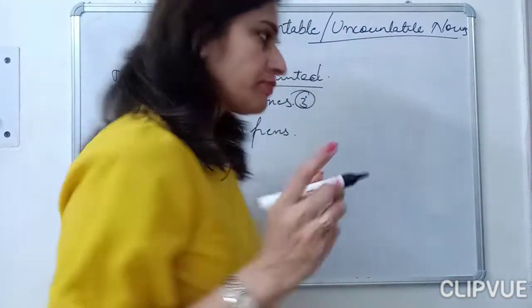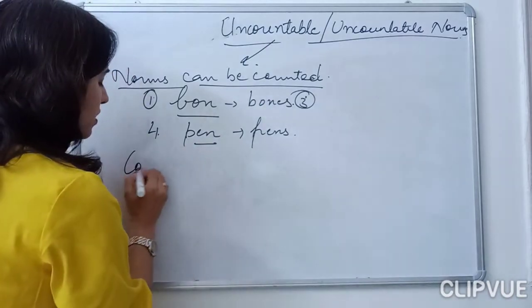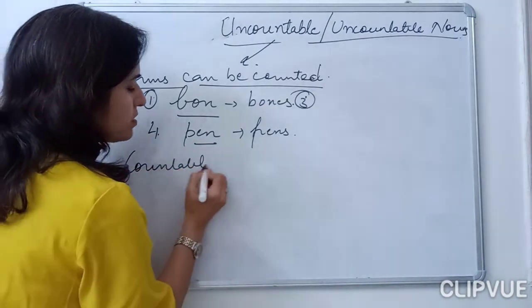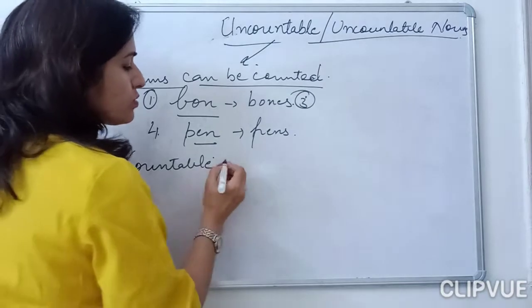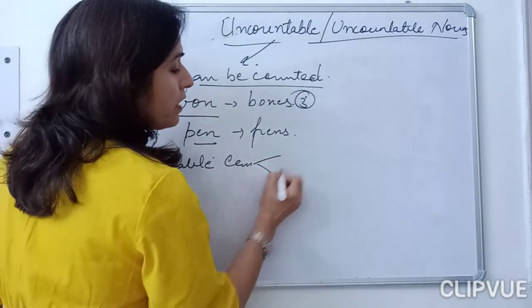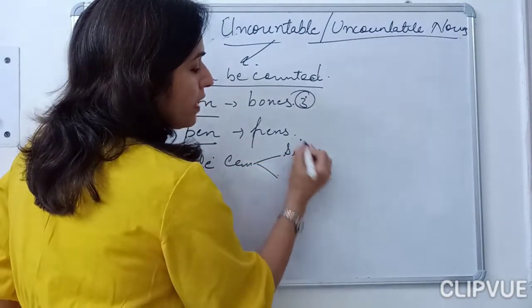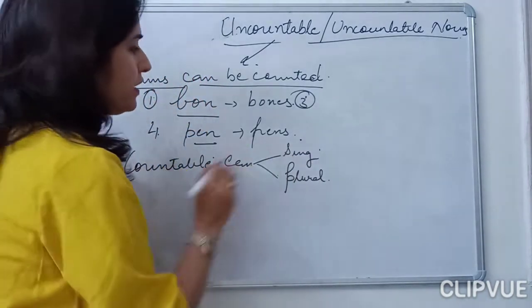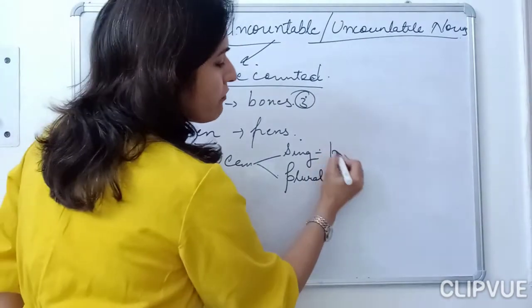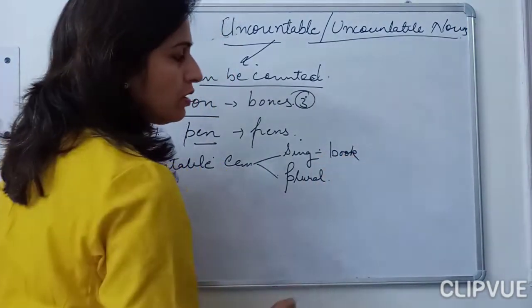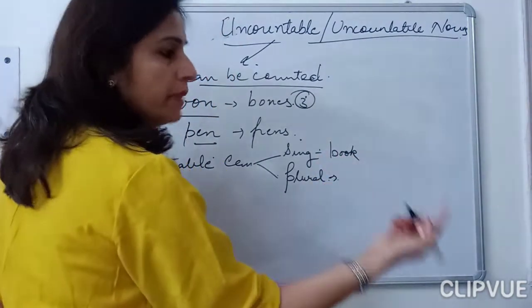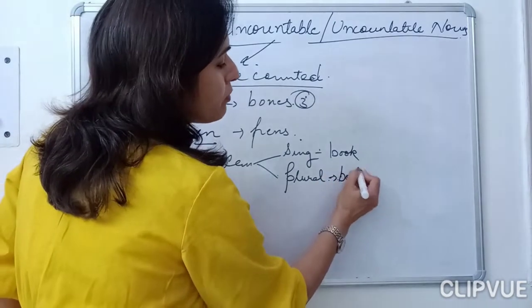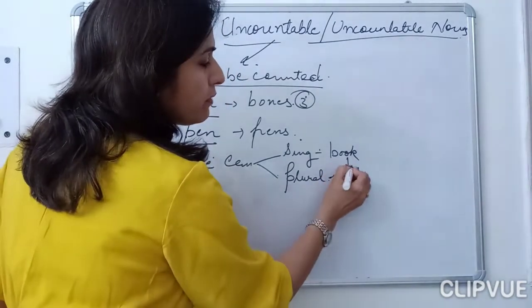Second, children, remember this, that countable nouns can be singular also and can be plural also. Singular in the sense, like suppose if I have one book, that is my singular, but if I have many, it will be my books. So my noun can be both.